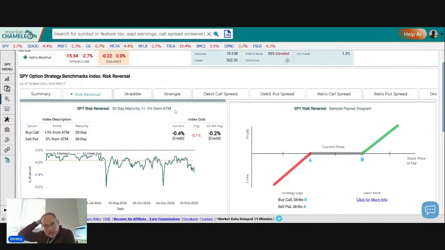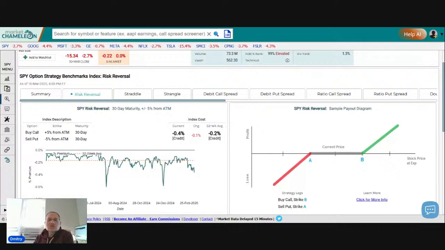On top of that, we have to pick strikes based on their distance away from the spot price to normalize that benchmark, to make sure that we're always comparing the same strategy.